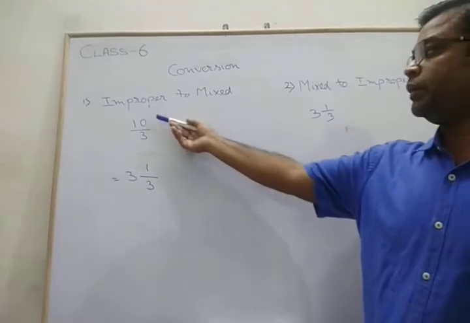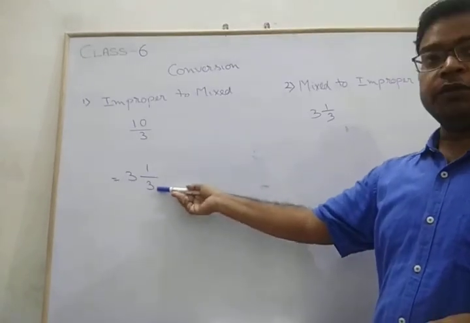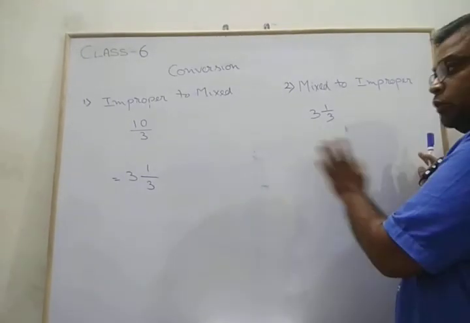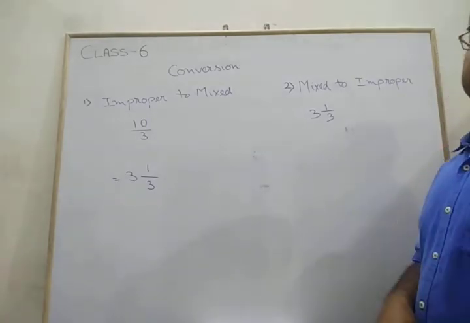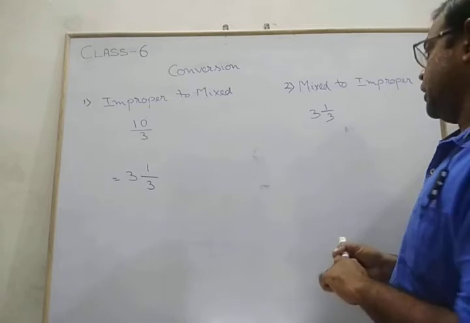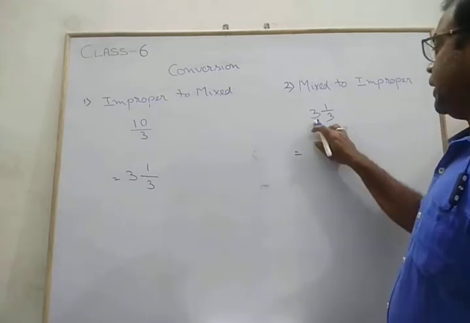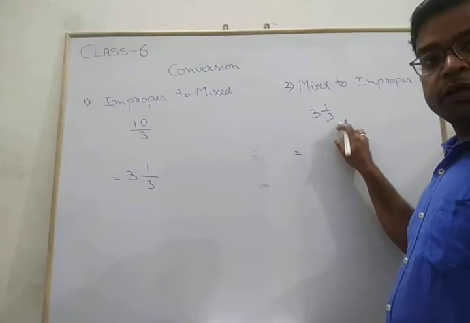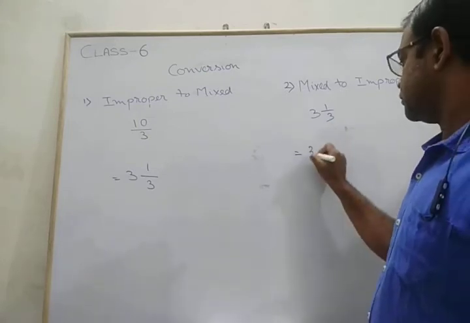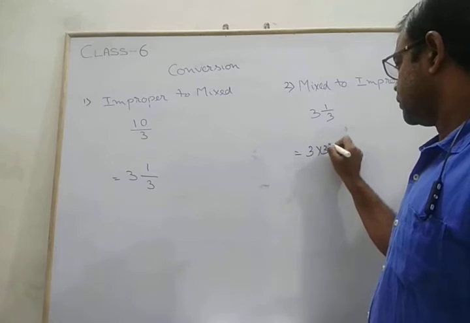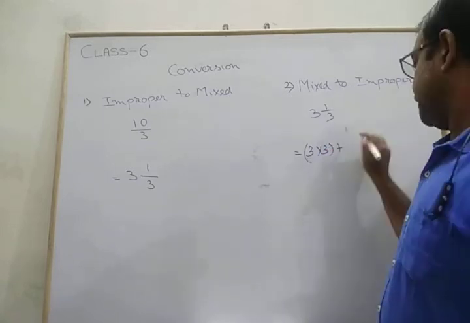As you know, when we convert 10 upon 3 to a mixed fraction, we divide. This is just opposite to that part. In this case, we multiply. Whom to multiply? How to multiply? Let's check. We multiply the natural number part with the denominator, 3 into 3, and then the numerator is added.